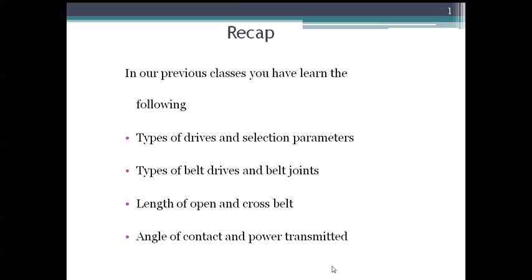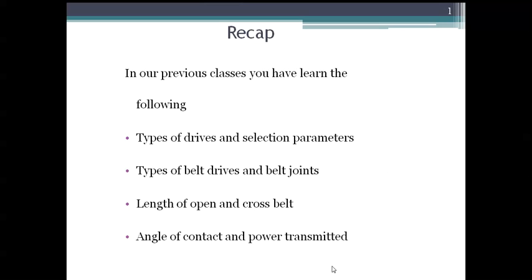Next one is angle of contact. Angle of contact for the open belt drive is 180 minus sine inverse of (R1 minus R2) by D. In the open belt drive, the angle of contact will be less on the smaller pulley and more on the larger pulley.